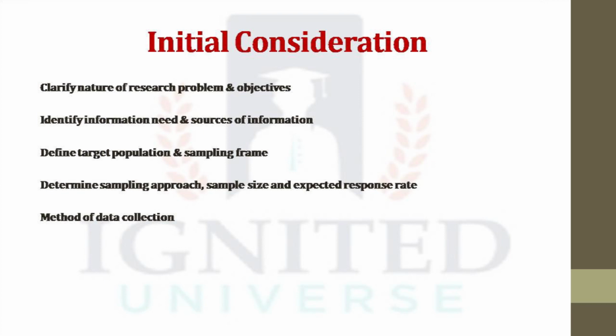Online and postal surveys are self-administered, so the questions must be simple and detailed instructions must be provided. In online surveys, complex skip patterns and randomization of questions can eliminate order bias, which is very helpful.